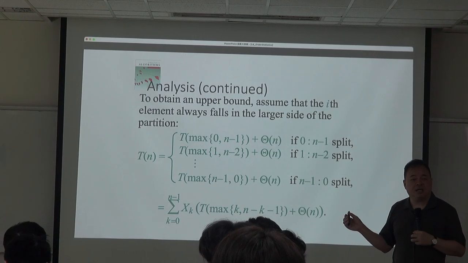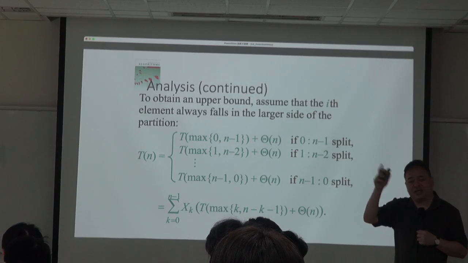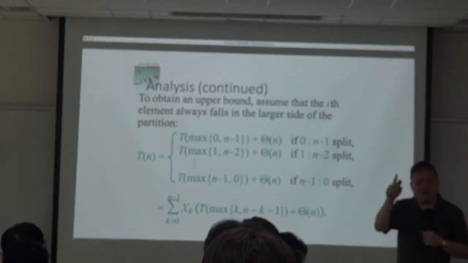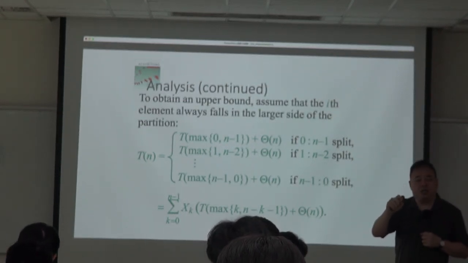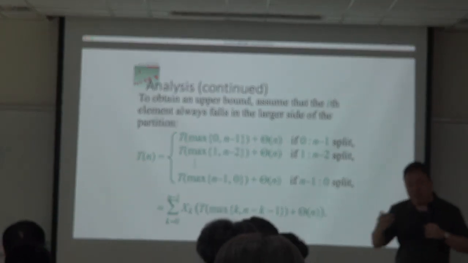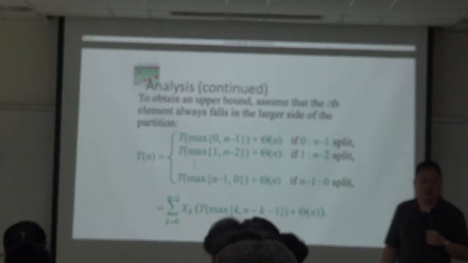这个还可以吧？OK，我们就是用那个 xk 把它写下来。Remember, there's only one such xk to be 1. All the other xk's will be 0, depending on the choice of pivot.